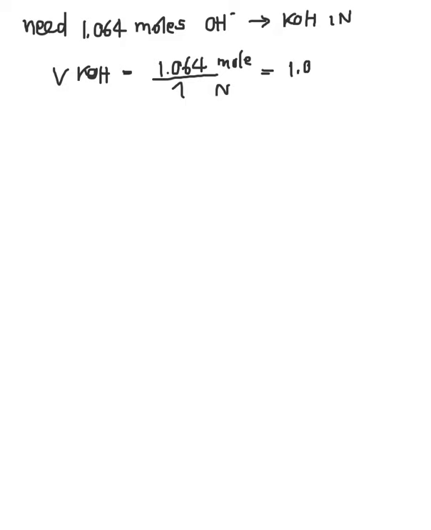So 1.064 moles of OH will come from KOH, and our KOH is 1 normal. So you can calculate the volume of KOH by using the amount of moles that we need divided by the concentration, which is 1 normal here, and so we get 1.064 liters.